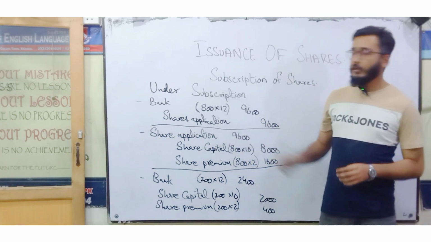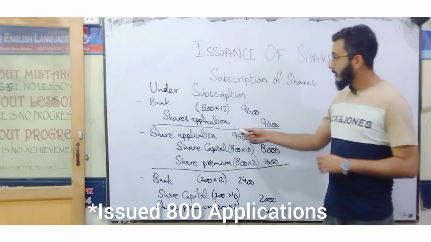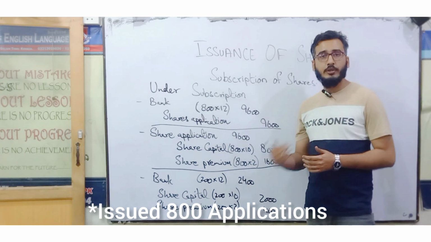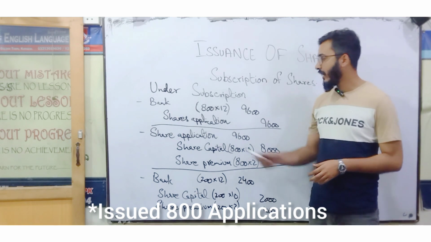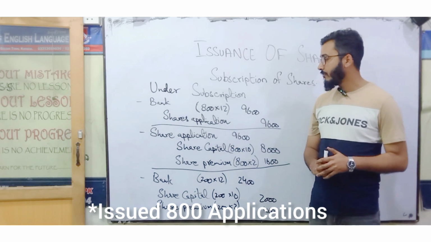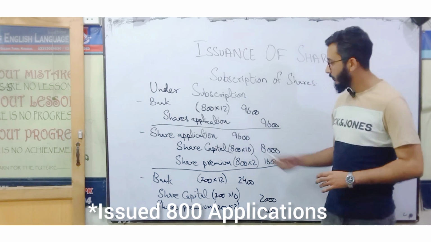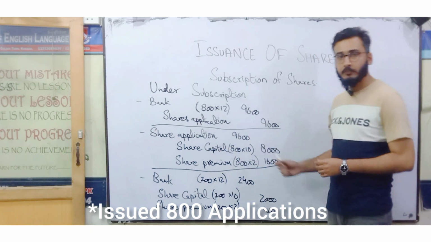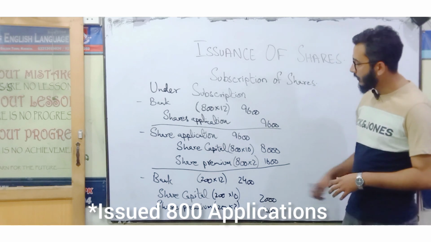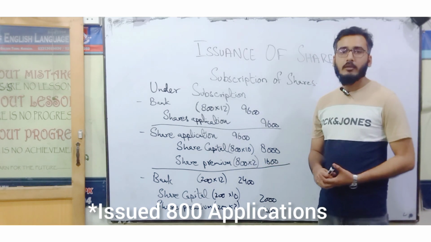Then the second entry is that we have issued the shares to the number of applications received. Here we have share application debited by 800 multiplied by 12, 9600, and share capital credited by 800 into 10, 8000, and share premium by 800 into 2, 1600.